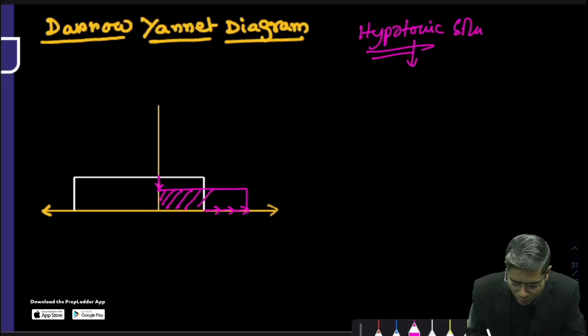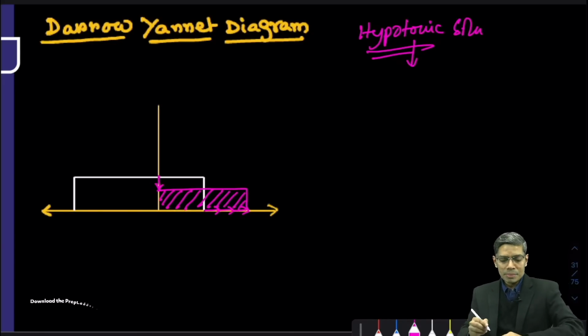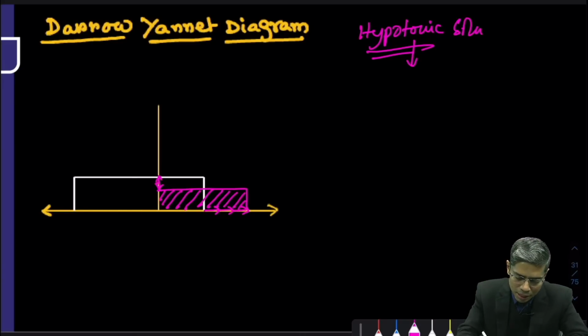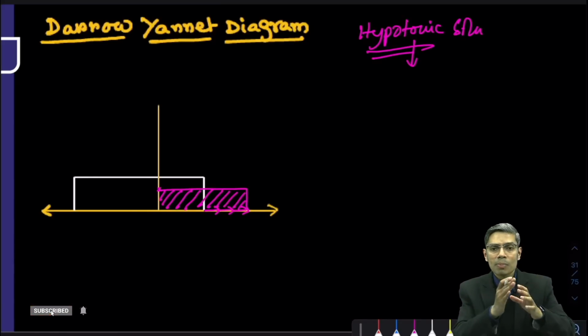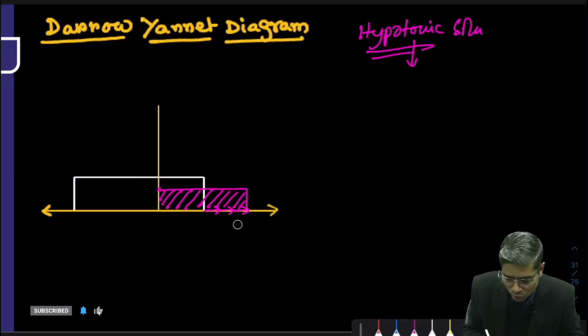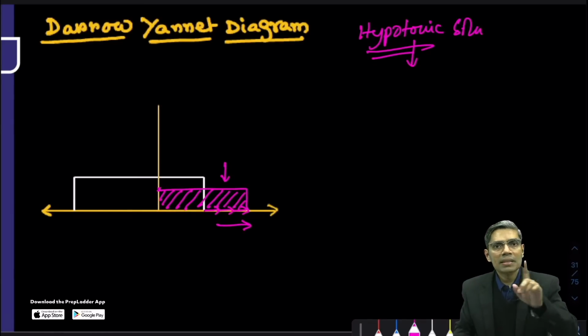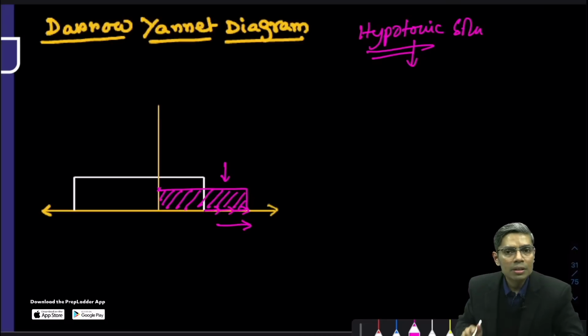Look at this pink color box. This means the osmolality of this new ECF is lesser than that of the original ECF, and the volume of the ECF has increased. Volume has increased in this direction and osmolality has decreased. But this is not a steady state condition. It cannot remain like this.